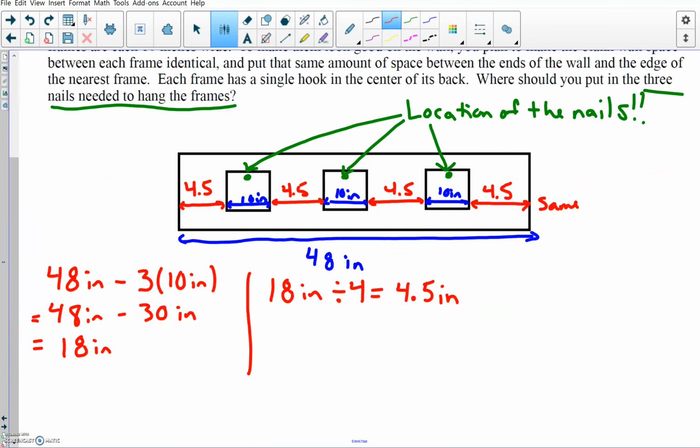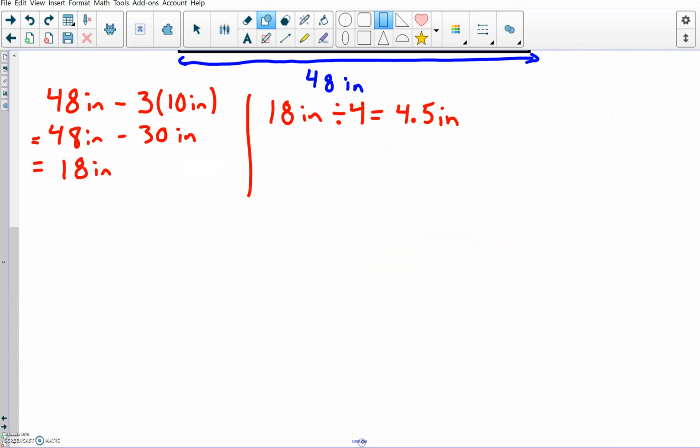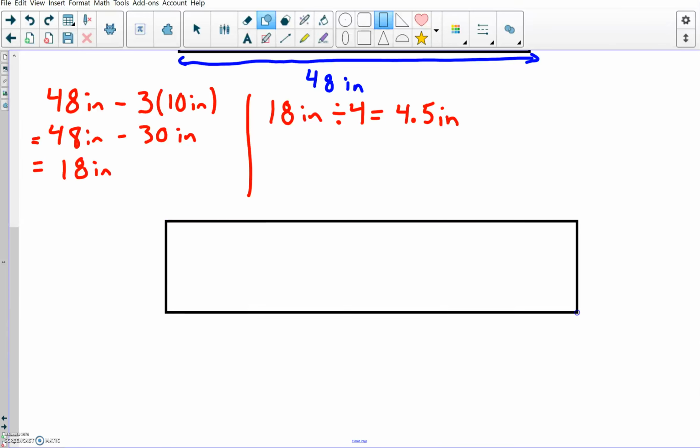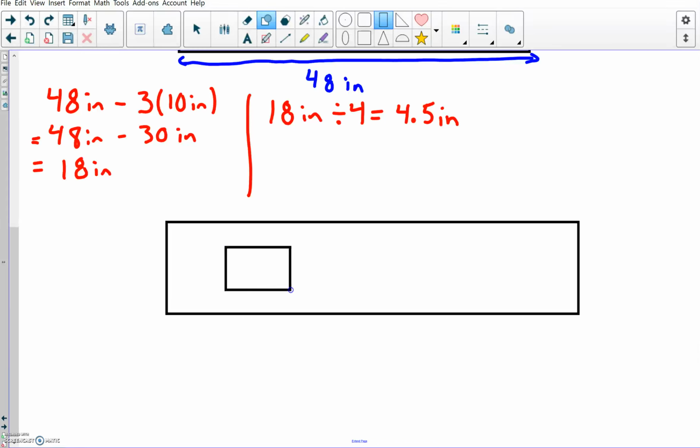For me, how I thought of that, because I've actually done this, I've hung pictures and wanted to get them equally spaced. I know from experience that measuring from one nail head to the next usually ended up with me screwing up.